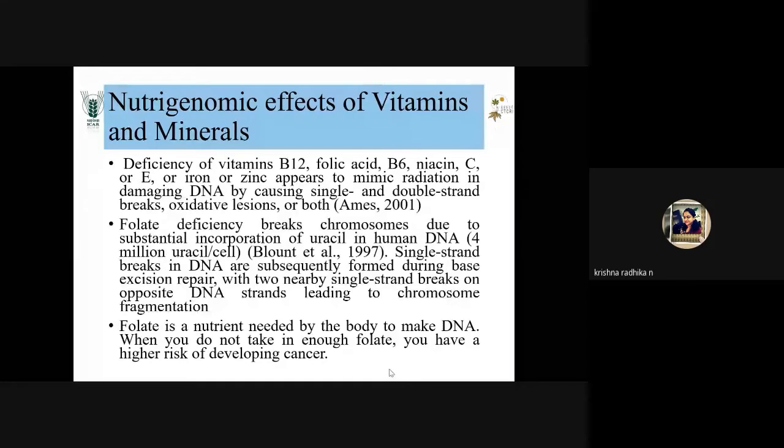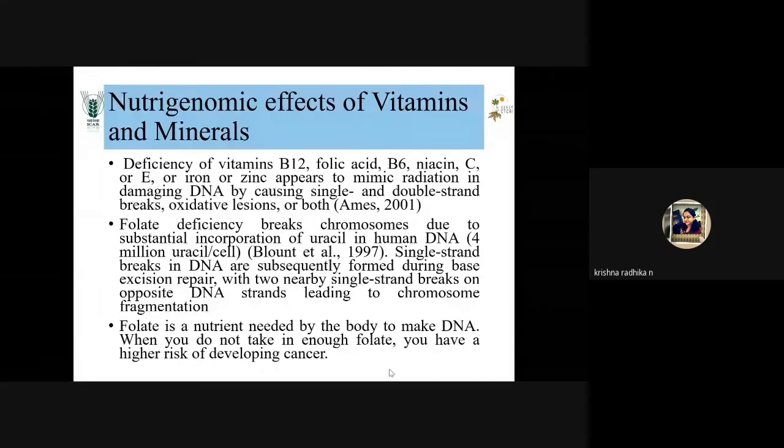Folate deficiency breaks chromosomes due to the substantial incorporation of uracil in human DNA. Single strand breaks in DNA are subsequently formed during base excision repair with two nearby single strand breaks on opposite DNA strands, leading to chromosome fragmentation.